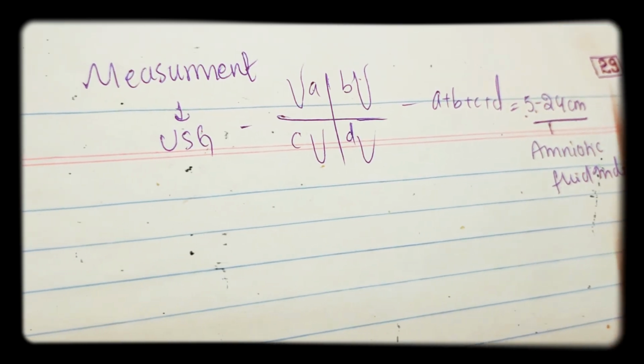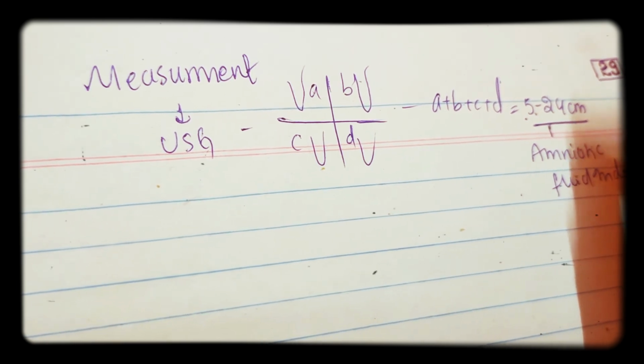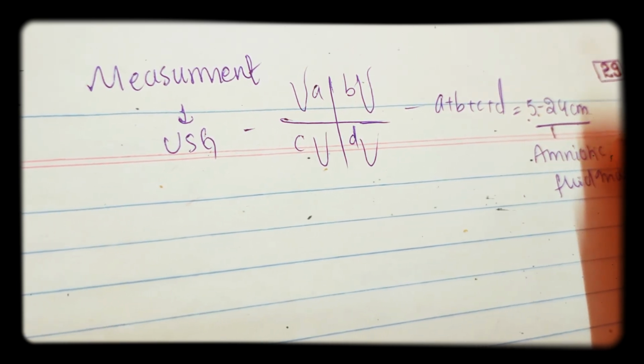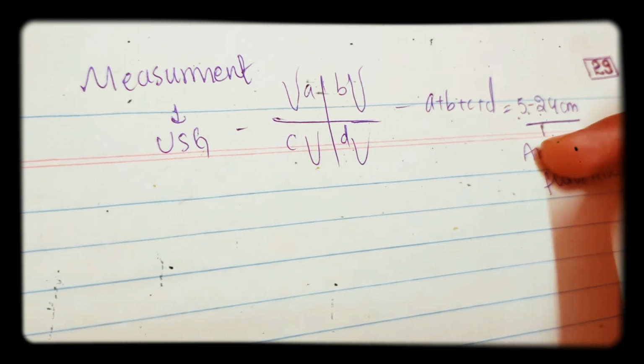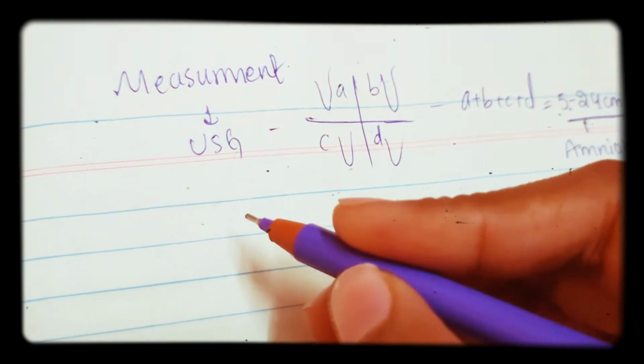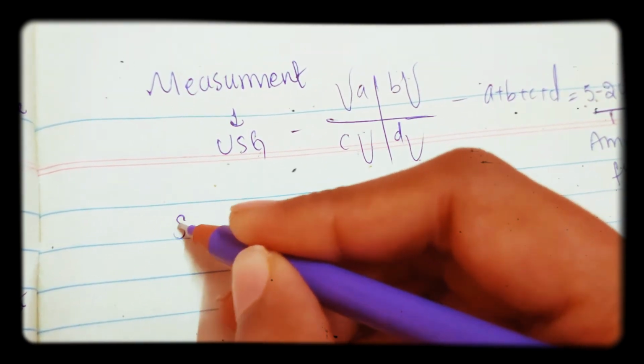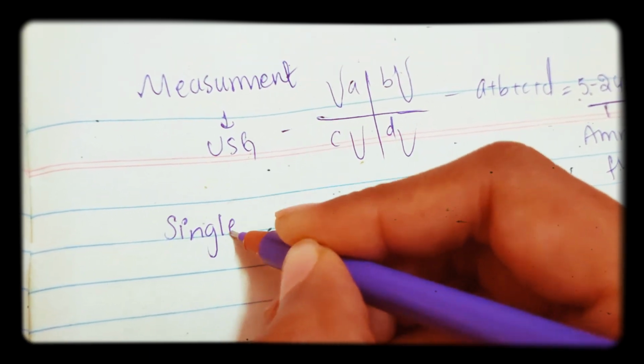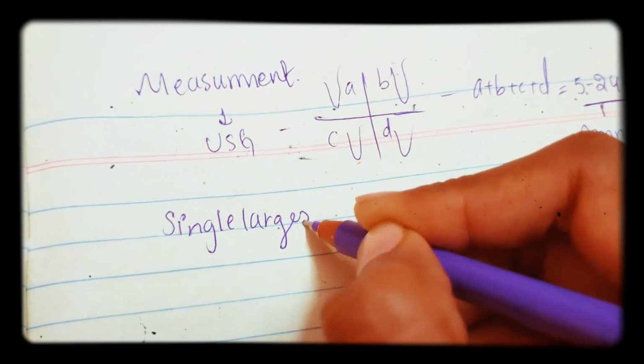Now next, coming to the method. This method is not the most sensitive for twin pregnancy. So we have another method, that is the single largest vertical pocket.